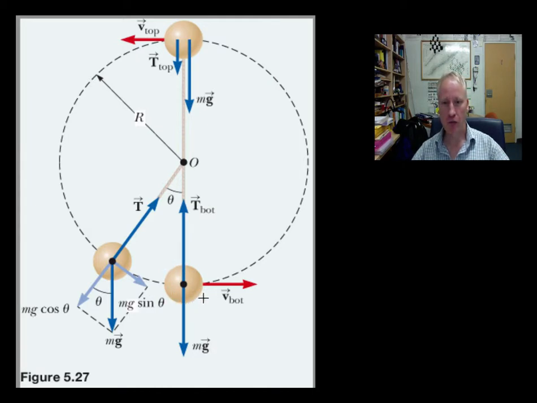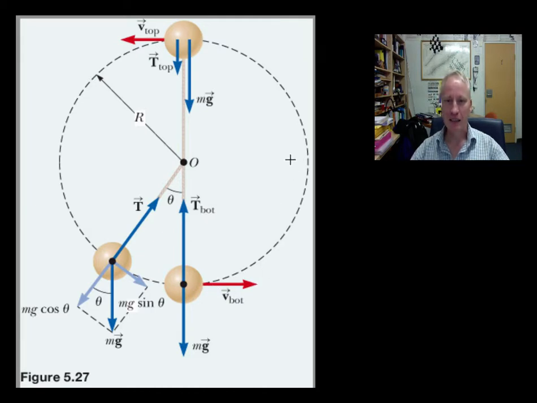Here we have the bottom position, we have gravity acting downward, and it is compensated by the tension force upward that acts as the centripetal force, and the ball moves to the right with a velocity v at the bottom.